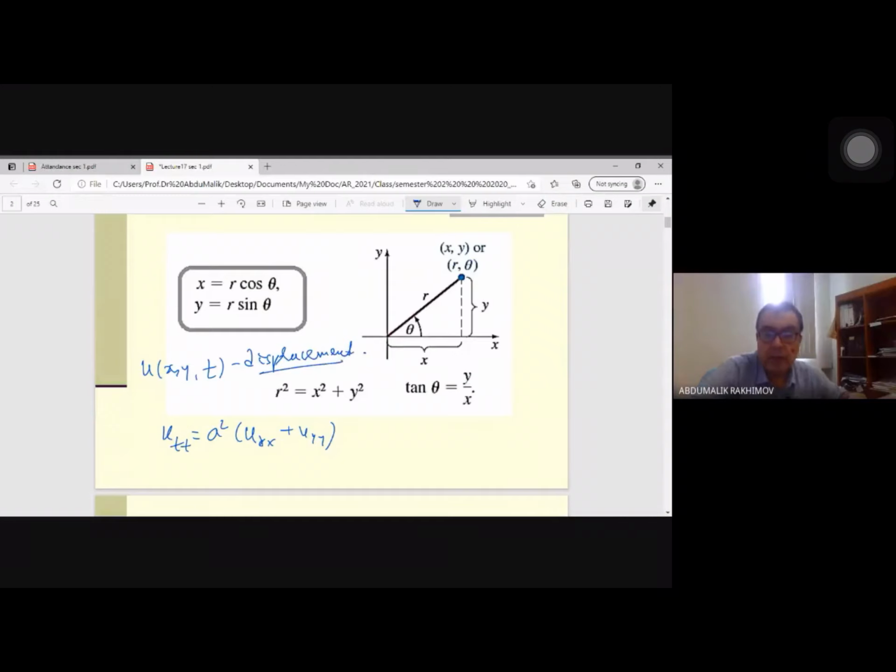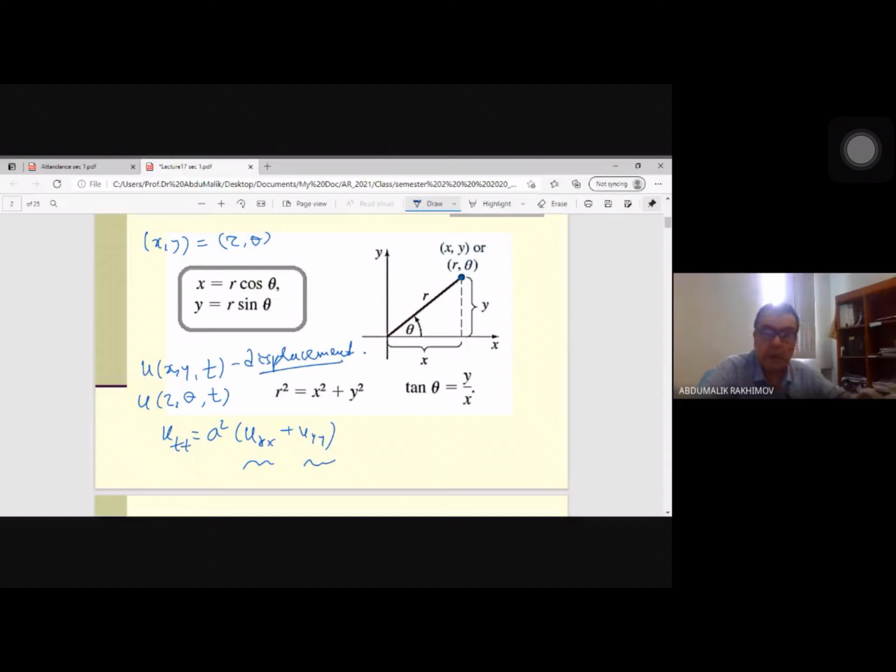Now I change the components. Instead of writing x, y, I write r, theta, the same thing. Now my function, the displacement, is u(r,theta,t), not (x,y,t), right? Now I need to express this and this. t is the same t in both. No changes for this, but there will be changes in u_xx, u_yy.